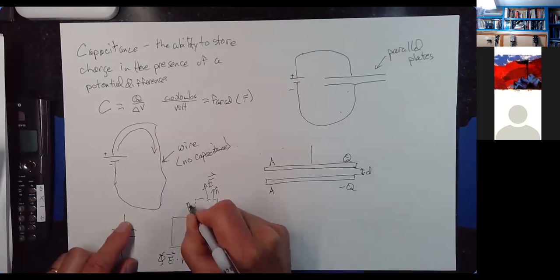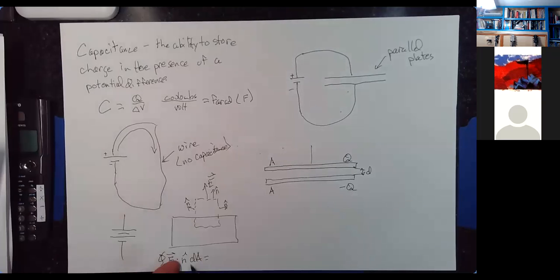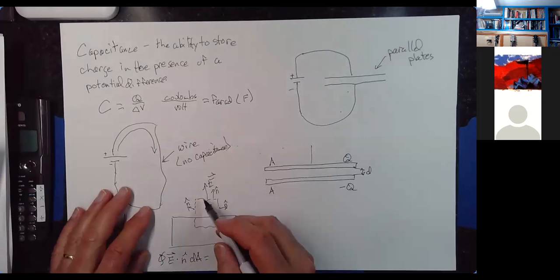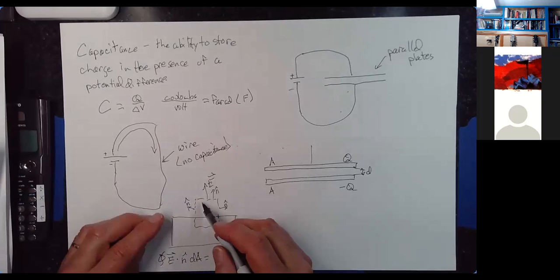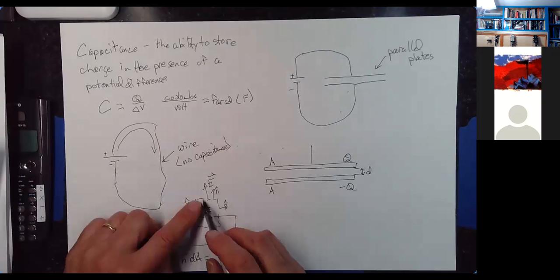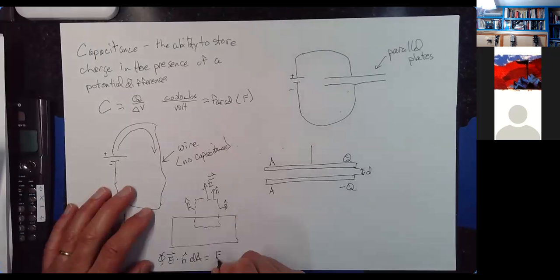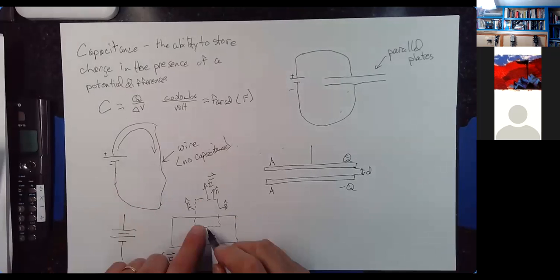So the only place I have to worry about the E dot n hat part is on the very top, and that'll just be the surface area, which I'd better call A prime. This thing simplifies to EA prime. That's the area of my Gaussian surface, not the capacitor.